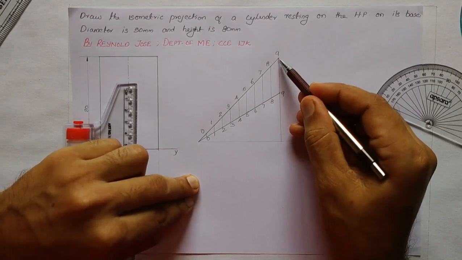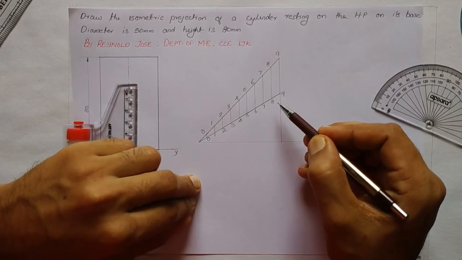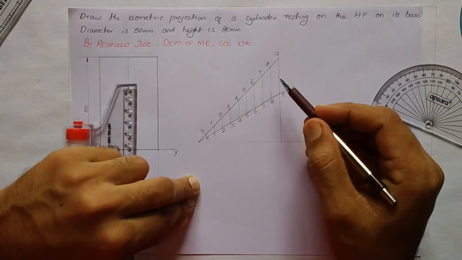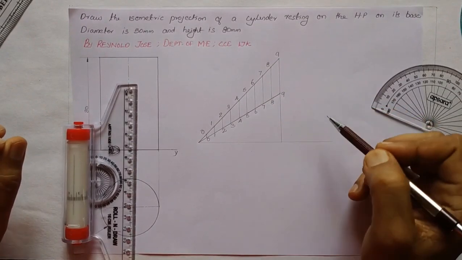This line represents the true length, and this line represents the isometric length. So totally this line is 100 mm. If you multiply 100 with 0.82, you get 82 mm.